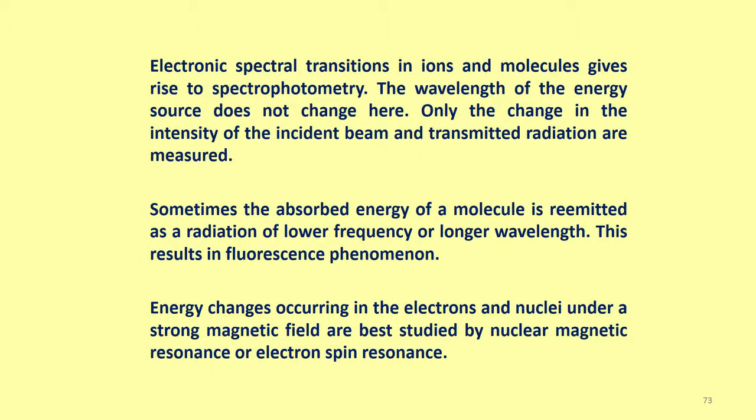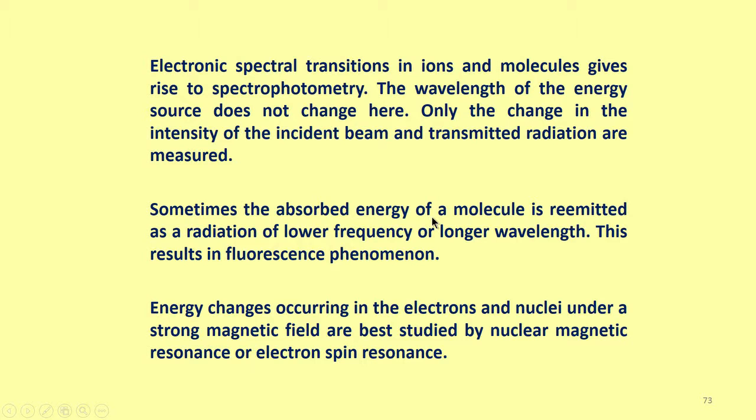So, the total amount of energy corresponding to the molecular band, which is characteristic of the element, is measured. That means incoming energy is so much, outgoing energy is so much, the difference is what is absorbed. So, that is UV visible spectrophotometry. The only change in the intensity of the incident beam and transmitted radiation is measured in UV visible spectrometry.